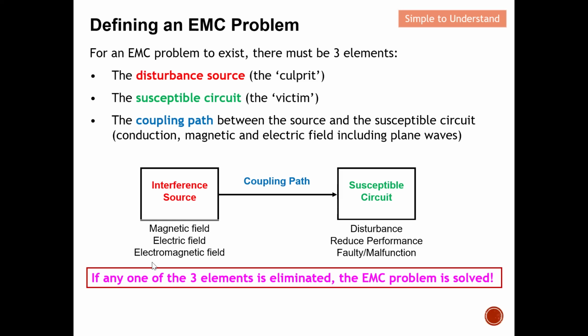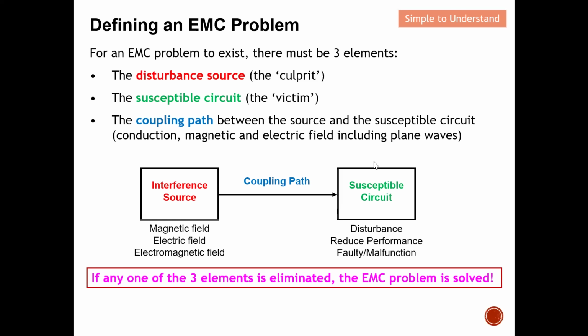In short, if any one of the three elements is eliminated, the EMC problem will be resolved. For example, if we can remove the source, then we will not have any victim at all. Next, if we make our victim stronger, which means they will have better immunity, then even with the noise, our victim will still be able to operate in a satisfactory manner.